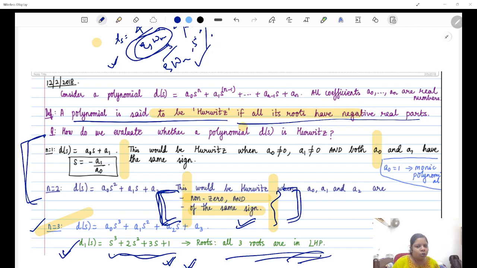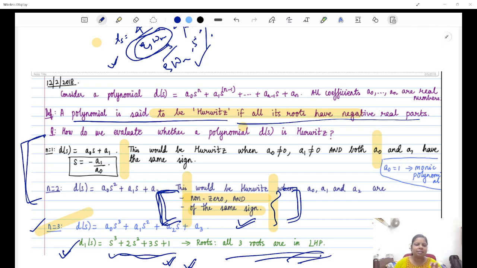Okay. Routh, see, you have to prove that a polynomial is Hurwitz, that all of the roots have negative real parts, right? Now, for doing this, for first and second order systems, it was really easy because it provided us with the necessary and sufficient condition. But for third order and forward, it did not provide us the necessary and sufficient condition.